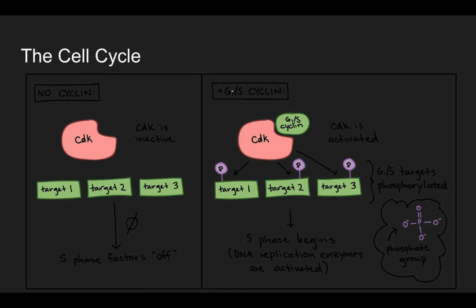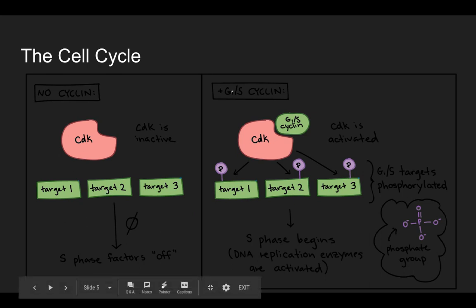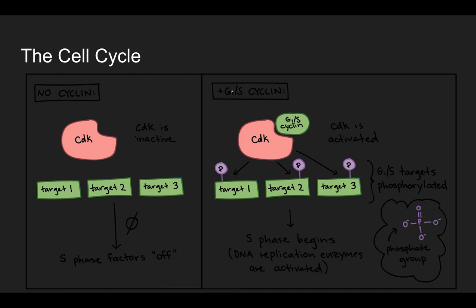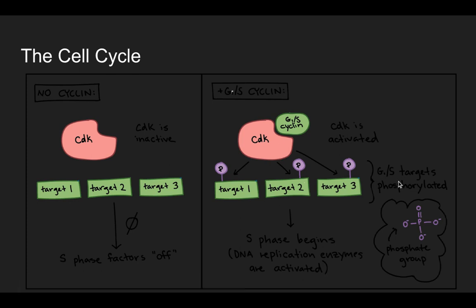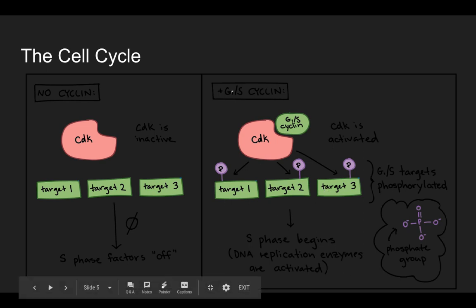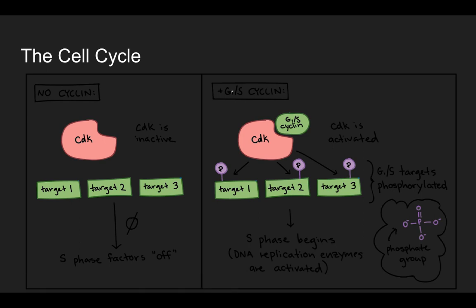This may seem confusing, so I'll break it down a little. CDKs are combined with the cyclin and direct specific target proteins controlled by the cyclin, right here. Then the S phase begins, and the enzymes are activated, meaning that it starts the breakdown of the nuclear membrane.